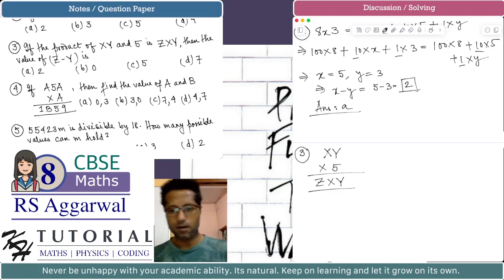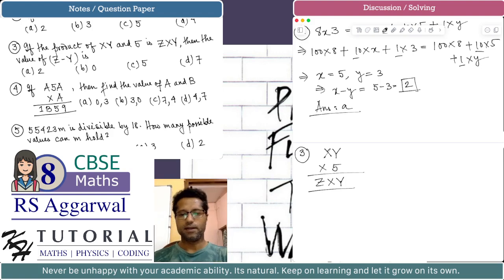Now from this multiplication result, we can see that when we do the multiplication from column 1, y multiplied by 5 has units digit equal to y.